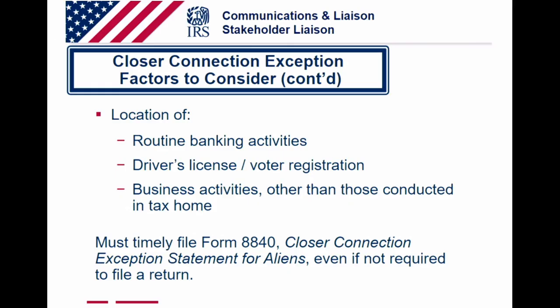If all of that is true and they are claiming a closer connection to a foreign country, they must file Form 8840. The name of that form is Closer Connection Exception Statement for Aliens. And that needs to be filed on or before the due date for filing an income tax return, including any extension. Okay?